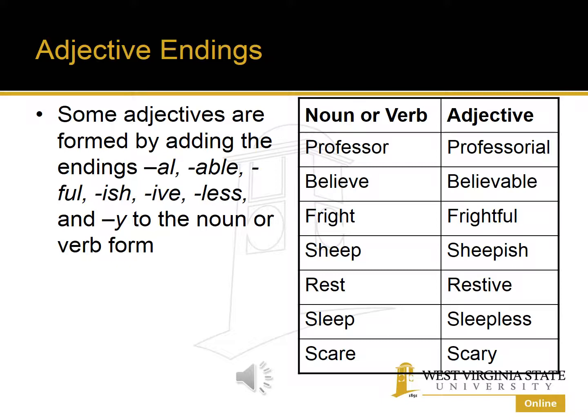Fright: we can add FUL and the noun fright becomes an adjective, frightful. Sheep, the noun sheep becomes an adjective by adding ISH, so we have sheepish. And then we have rest, the noun, restive, an adjective. Sleep, a noun. Sleepless, an adjective. Scare, a noun or verb, and scary, an adjective.